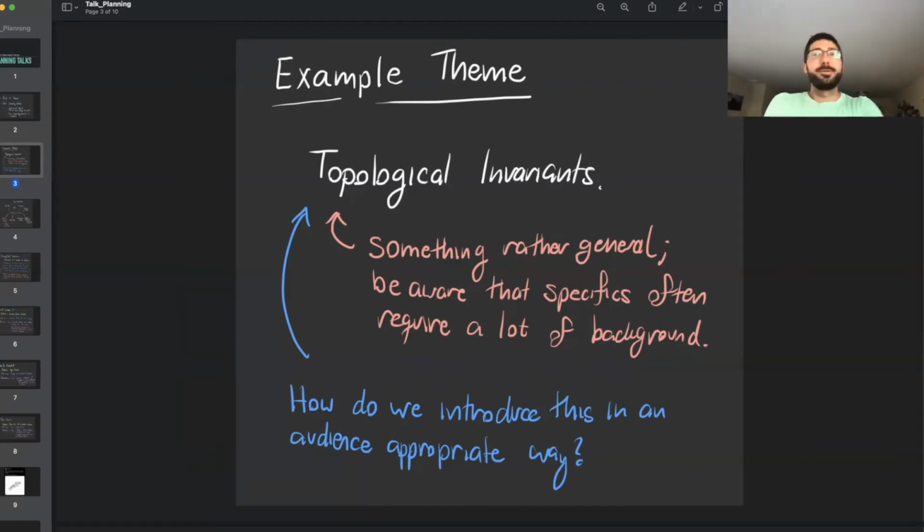But to a non-mathematician, that's an extremely specific topic. Like, you have to dive into what are topological spaces, what are invariants, what is this particular invariant, and why do we care? And that's a lot of baggage to have to develop in the course of making a talk. So keeping it very general at the beginning lets you more easily change your mind as you start planning the talk, what the scope is going to be.